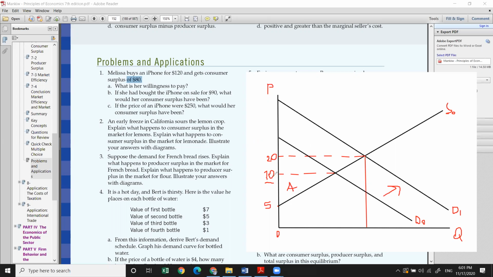So now you're selling at $10, and your producer surplus will be equal to, if you're using the number, who could tell me what is the producer surplus if you're selling at $10? It's point A, it's triangle A. However, in terms of the number, what will be your producer surplus? 5. 10 minus 5.